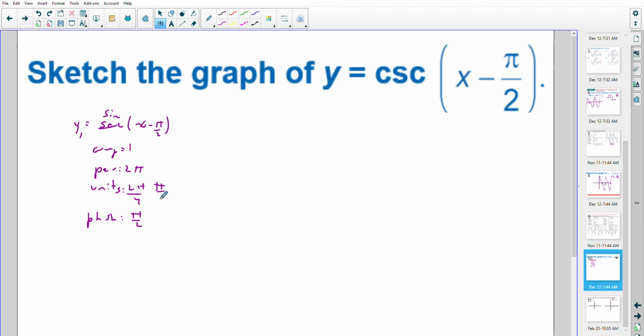I want to match these denominators, so I now can take a look at graphing this function. Therefore, the phase shift is where I start, at pi over 2. The units are every pi over 2.